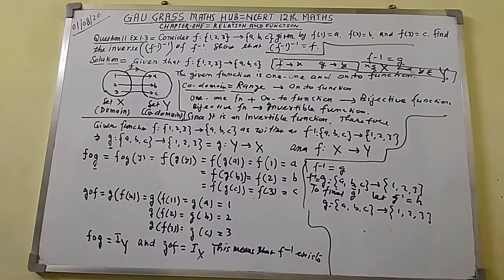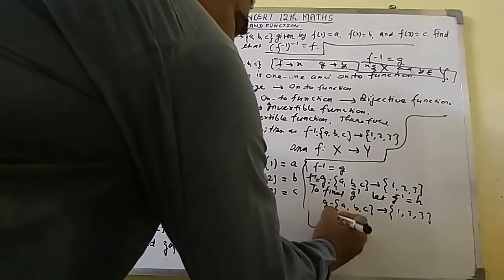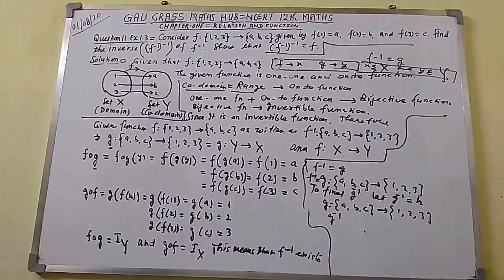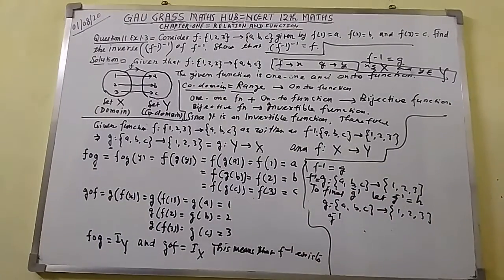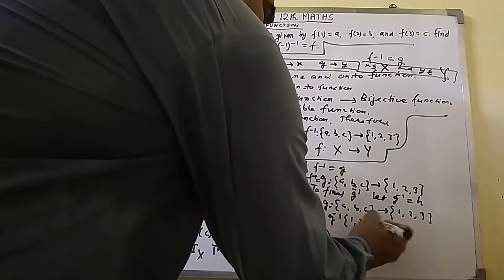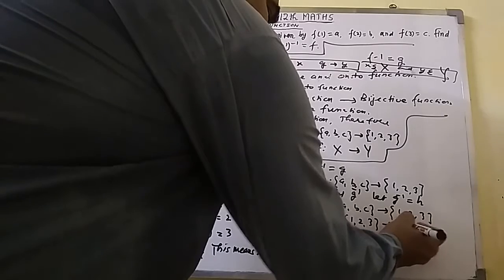So the G inverse will be written as G inverse equal to 1, 2, 3 goes to ABC.